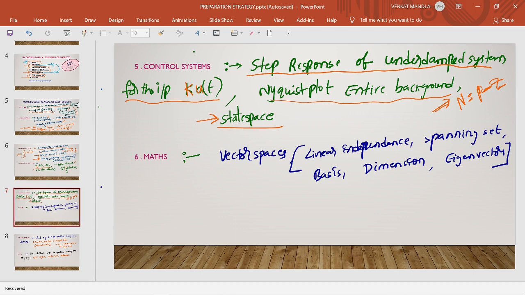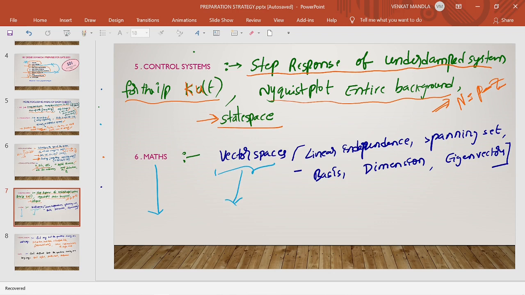And the next one is maths. We already started our preparation from maths, so we do not skip anything in maths, but probably we used to skip this topic, vector spaces.